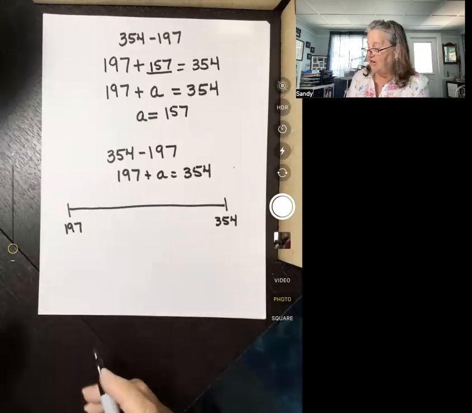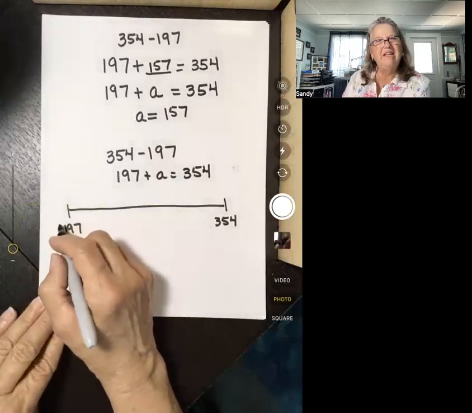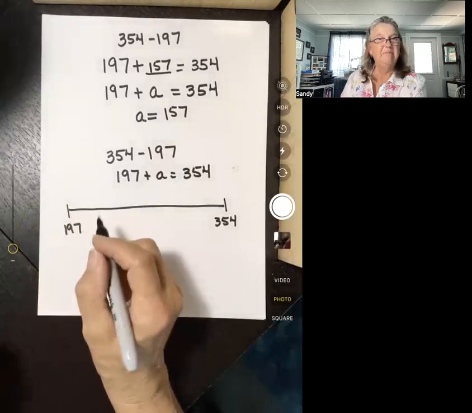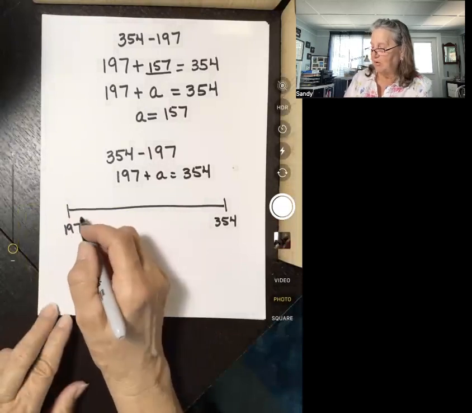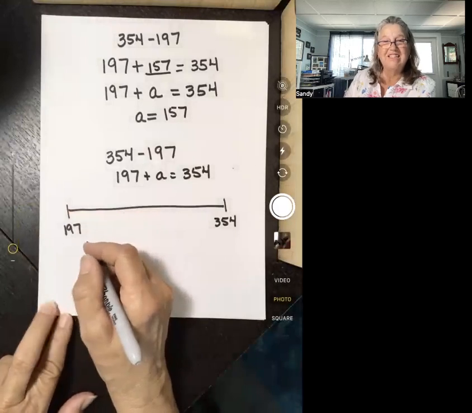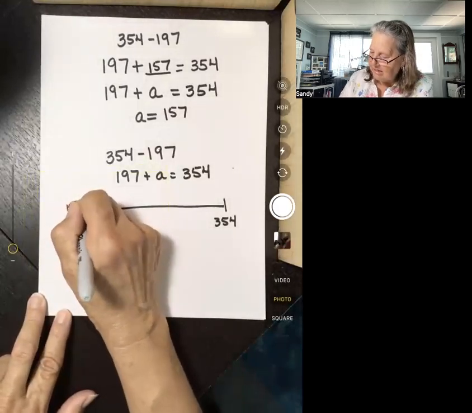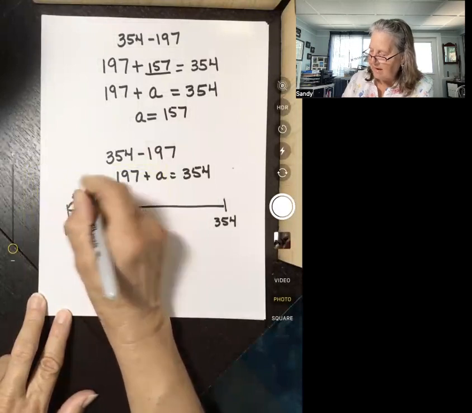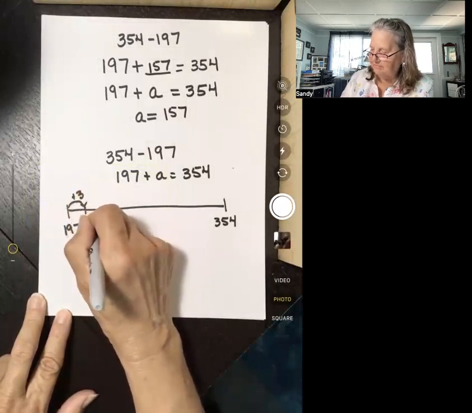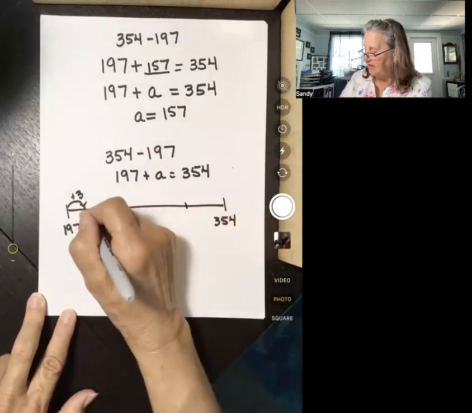Okay. Now, how can I get from 197? See, those benchmark numbers, really key numbers for us, become important. I want to try to get, and I apologize, this won't be to scale, but think about, I could make a jump of 3, and that will get me to 200. I could make a jump of 100.